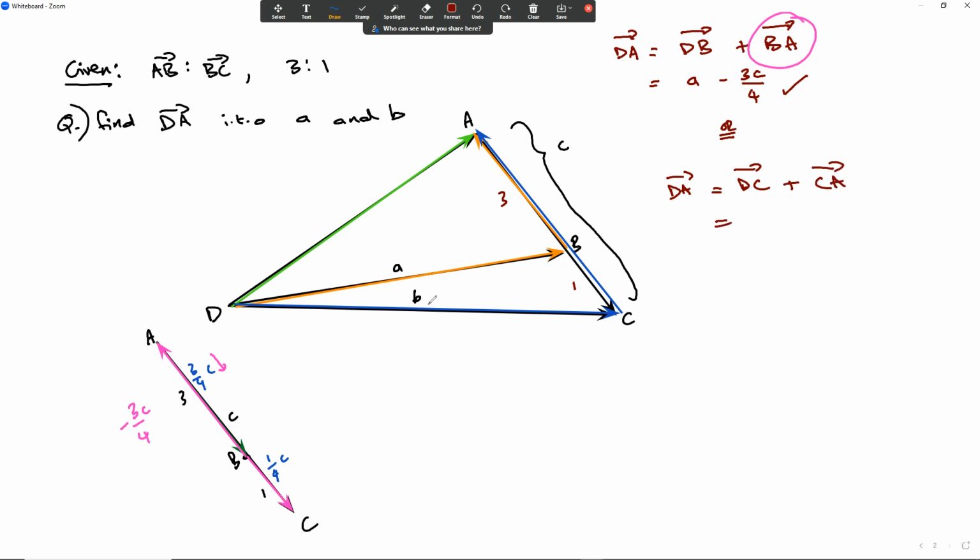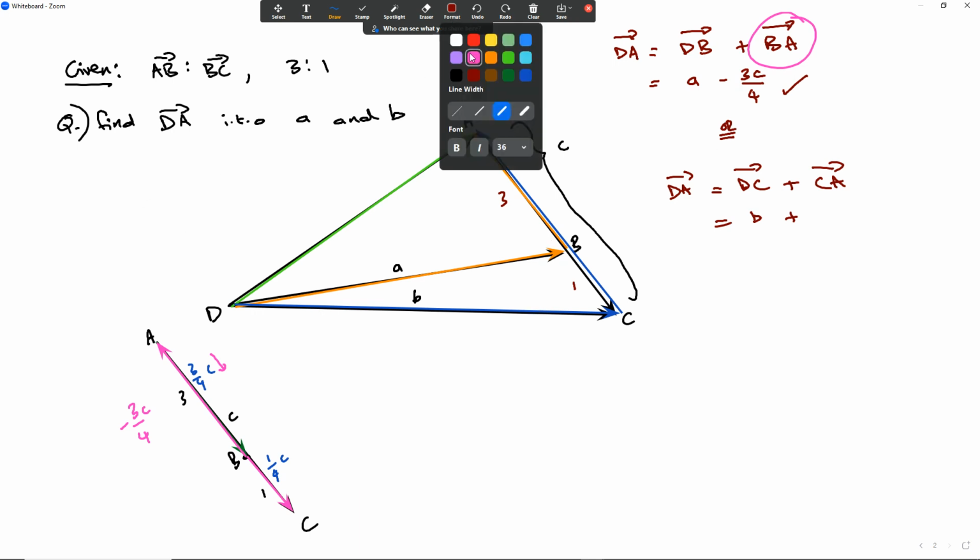Now DC, remember, is b. And CA is going to be going in the opposite direction. And the opposite direction is -C, because downward direction is positive C, opposite direction, -C when it comes to CA.